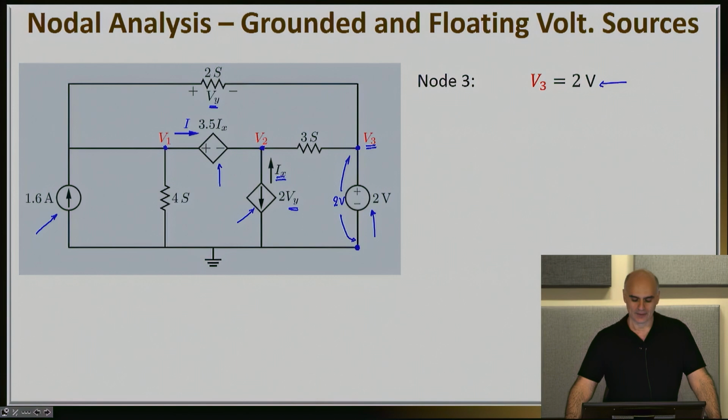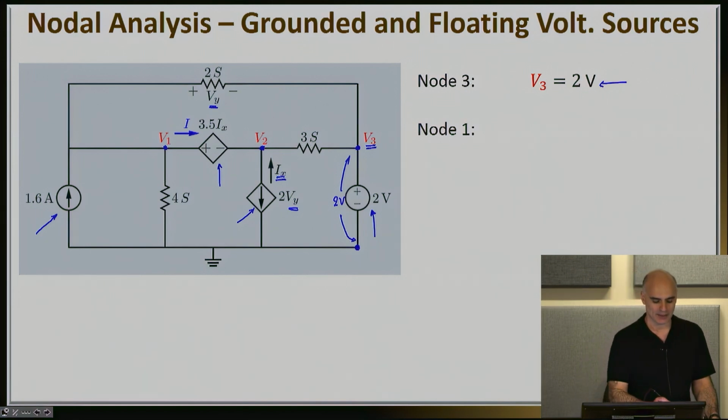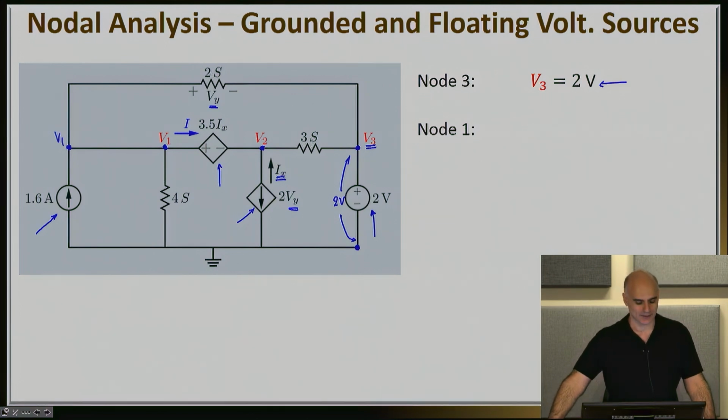All right, now let's pay attention to node number 1. In node number 1, I'm going to do the normal thing, summing up all the currents leaving this node to be equal to 0. V1 is exactly the same as this one here, since they're connected with a short circuit. Starting from the left, I have 1.6 amps coming into the node, so this will be negative 1.6.